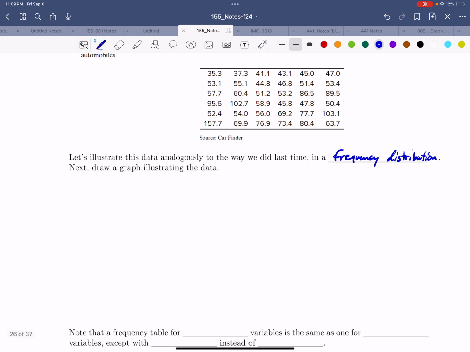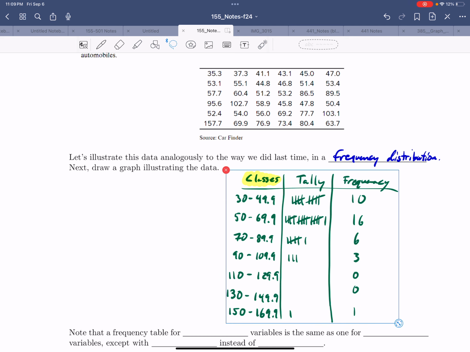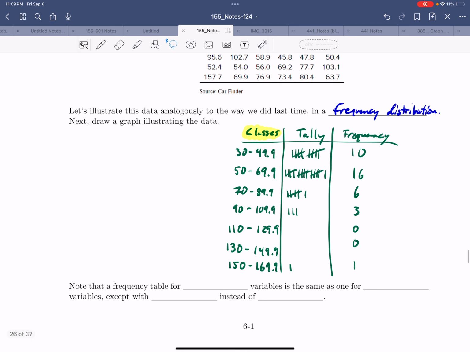And I've gone ahead and done it, and I will now paste it right over here, just in the interest of saving time. Okay? Now, note that this is exactly the same as a frequency distribution for qualitative data, except with classes instead of categories.